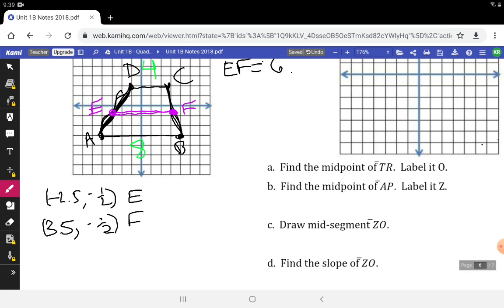So just reminding ourselves that because we've got those halves, we need to make sure that we count carefully. And we count 1, 2, 3, 4, 5, 6. And just as we expected, EF equals 6. If you want, you can verify with a distance formula, but given the decimals or the fractions, it's a little bit of work. It's easier to count. As always, let me know if you have any questions.